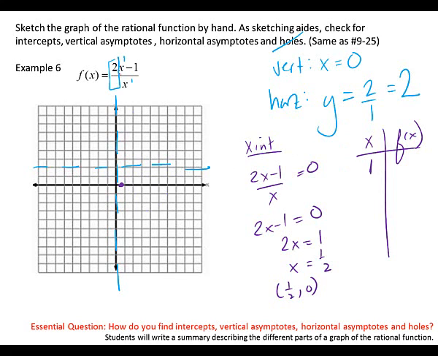So if I put a 1 in here, what's 2 times 1? 2 minus 1 is 1 over 1 is 1. So I have the point 1, 1. And that's enough to probably graph it. So I'm getting close to my asymptote. I'm going to curve it. That's awful. It shouldn't have a little dip in there.